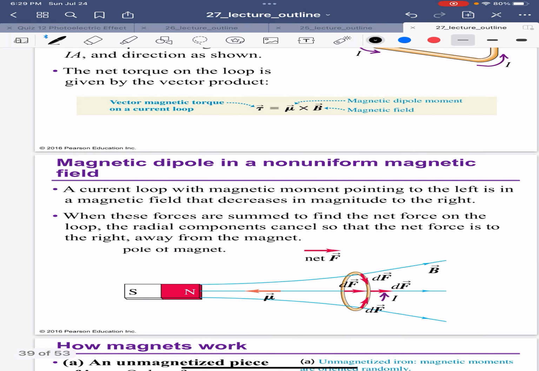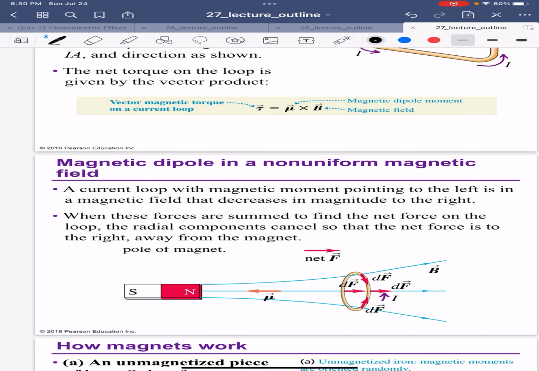What if we don't have a uniform field? Then the magnetic dipole is going to experience the following. We have here a current loop with a magnetic moment pointing to the left, and it is in a magnetic field that decreases in magnitude to the right.